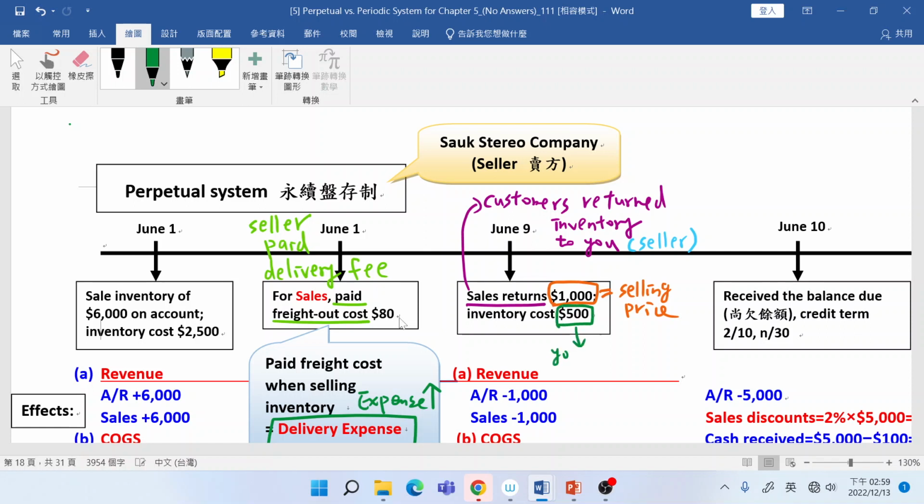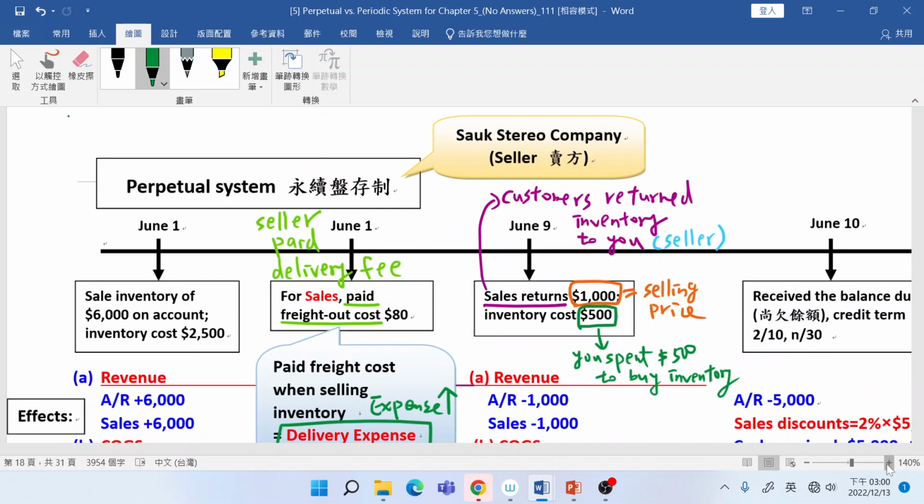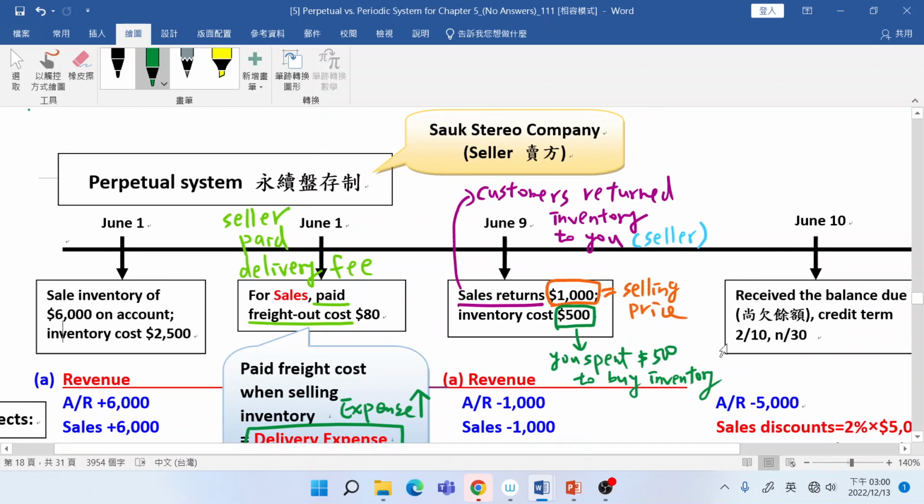You spent to buy it. Okay? So we mentioned right now, customer decide to return part of inventory back to your company because customers don't like your products.